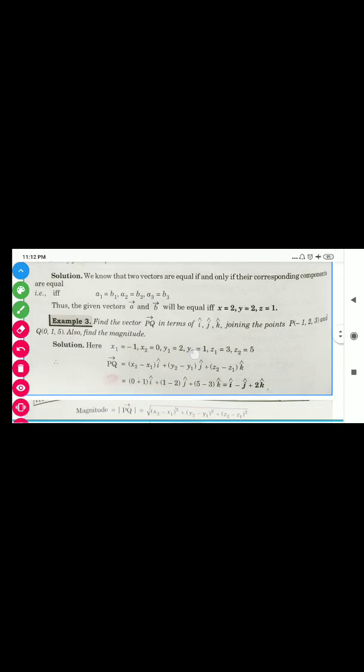On comparing, we know that two vectors are equal if and only if their corresponding components are equal. So by comparing the components of vector a and vector b, we get a1 equals b1, a2 equals b2 and a3 equals b3. So we get x equals 2, y equals 2 and z equals 1.